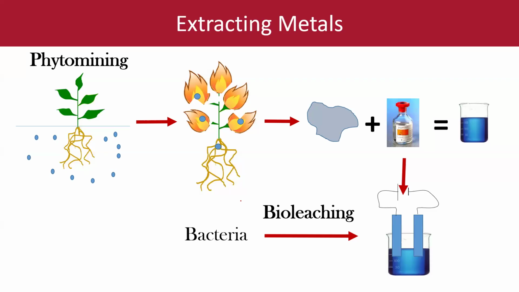It works in pretty much the same way as phytomining, where a plant absorbs the metals, then you burn it and you've got the metal. Bioleaching is exactly the same, where the bacteria absorb the metal, then you burn away the bacteria and you're left with the metal. So it's a good way of purifying a solution or taking a metal out of a solution.